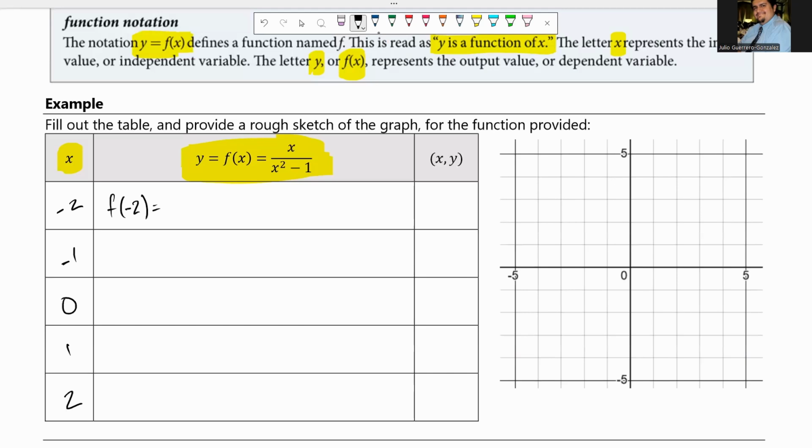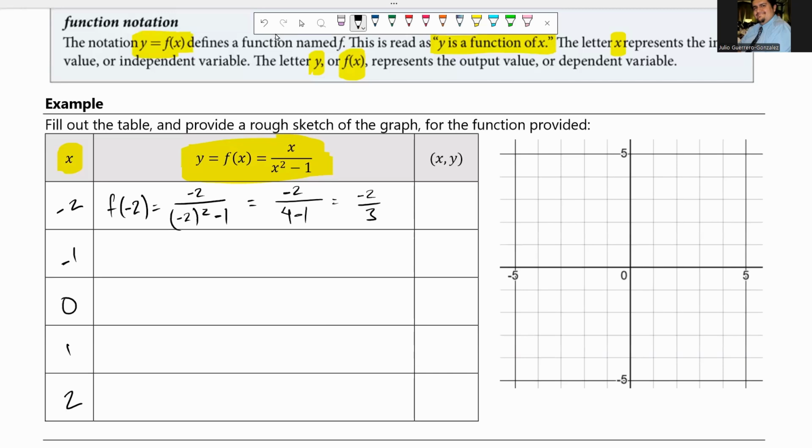Whenever we write this out, wherever there's an x, we change it to whatever x value we chose. So this is going to be -2 over (-2) squared minus 1. Notice that the x's turned into my -2's. Okay, we simplified this out a little bit. -2 over 4 minus 1 is equal to -2 over 3.